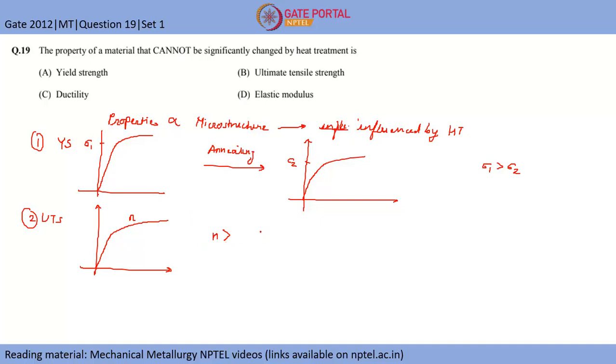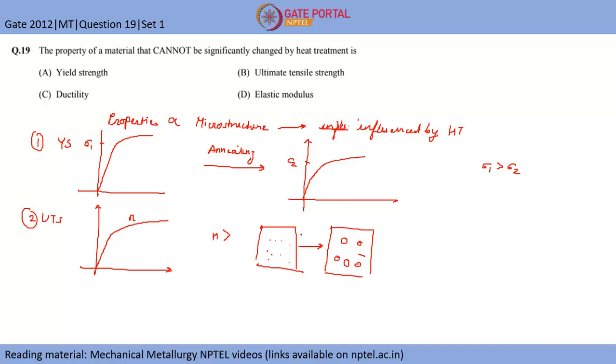Let's say I have a material which has finer precipitates, and I have a material which has coarser precipitates. So the dislocations will interact with these, and from finer to coarser we just have to age this.